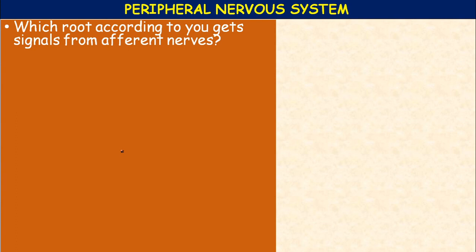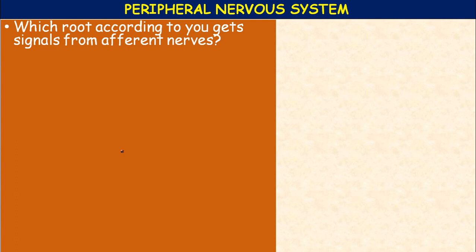Incoming nerves receive or get the signals. Which root of the spinal cord receives the signals from afferent nerves? That is the dorsal horn. It is the dorsal horn which receives the signals from the afferent nerves.